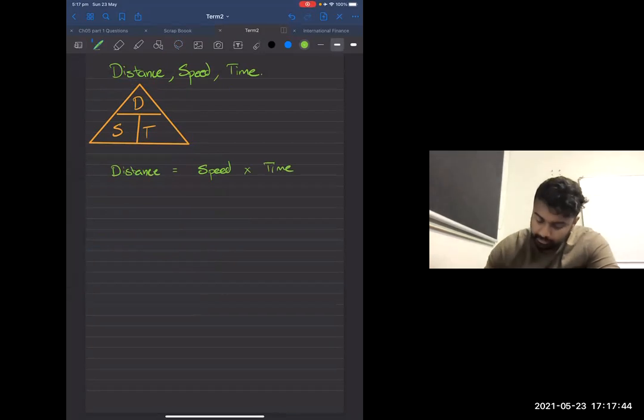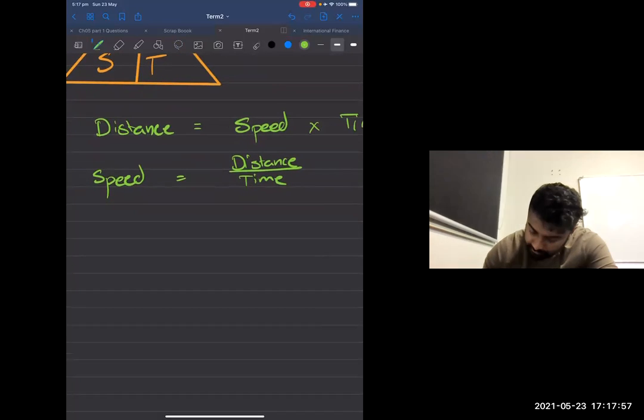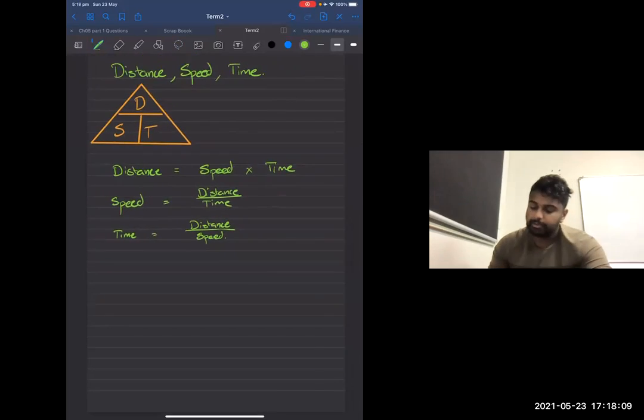Speed is equal to distance divided by time. And time is equal to distance divided by speed. So these are the three formulas.